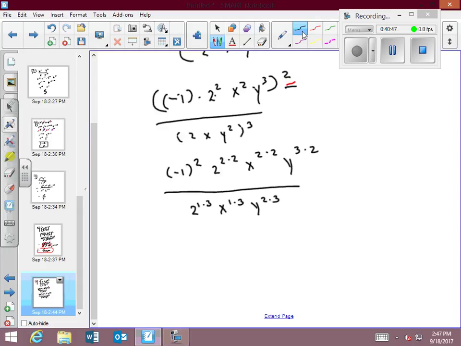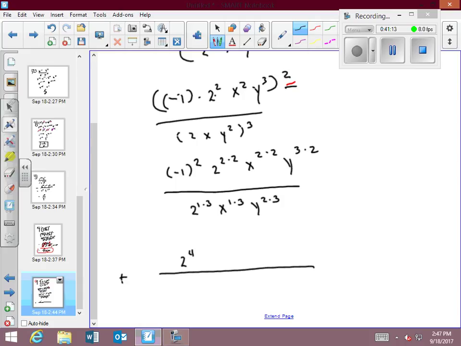You don't have to use all these steps if you don't want to. When I go minus 1 squared, what is that? Plus or minus? Plus. So my answer is going to be positive, right? Now then, the 2 squared in the numerator is 2 to the 4.